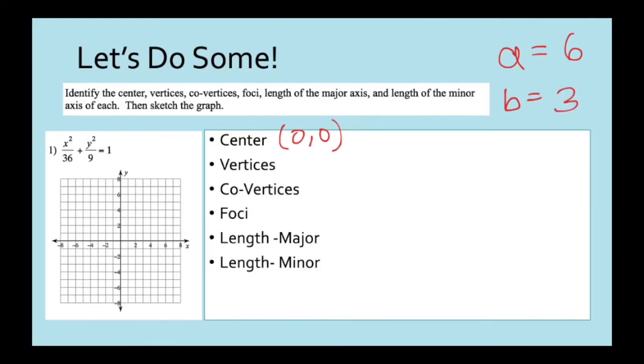All right, so our vertices, I'm going to start graphing this automatically. We said that the center is at 0, 0, and then our major axis is a 6, and it's on the x-axis because there's an x there. So we're going to come out to 6 on the x-axis, and we're going to come out to 3 on the y-axis because our b value was 3.